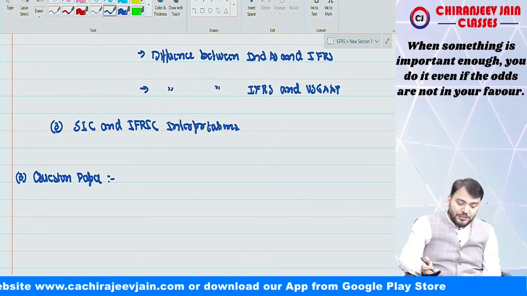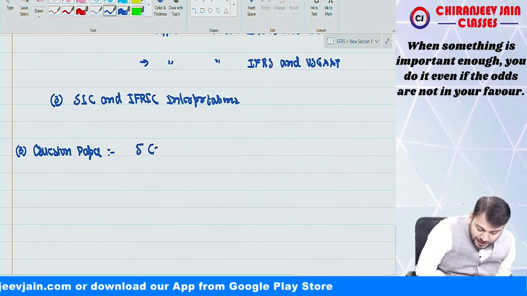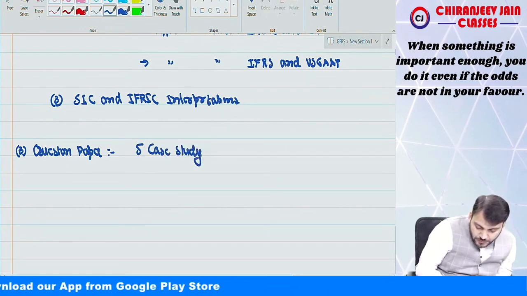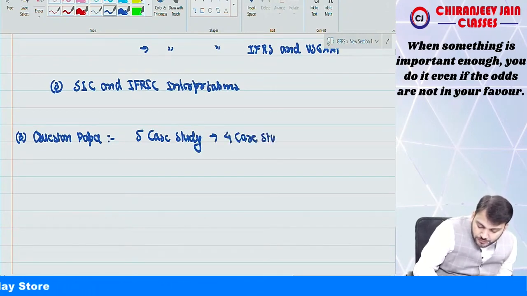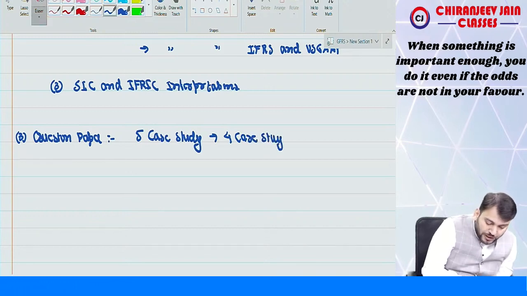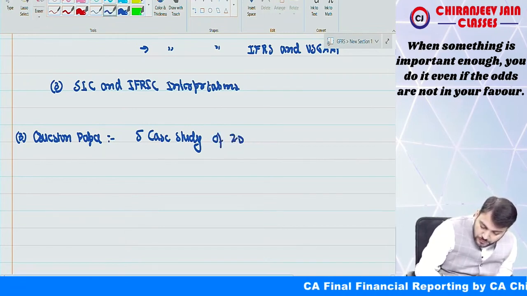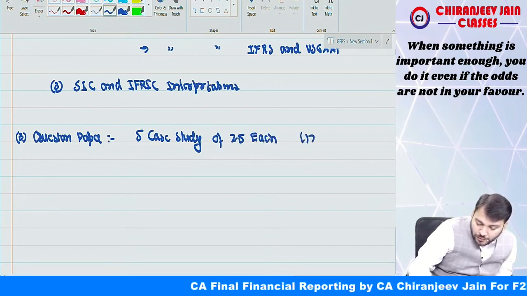But now the pattern has been changed. Now they will give 5 case studies of 25 marks each, which means it becomes 125 marks.